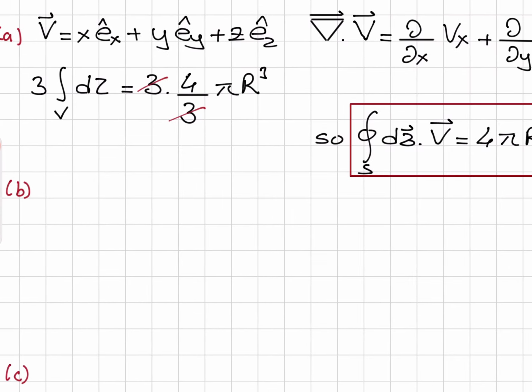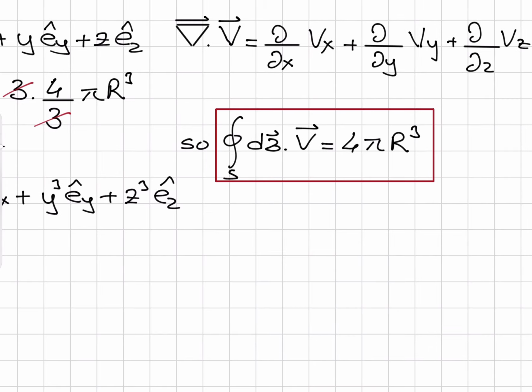In part B, I have a different vector V. This vector is x cubed e_x hat plus y cubed e_y hat plus z cubed e_z hat. Now I'm going to calculate the divergence of this.